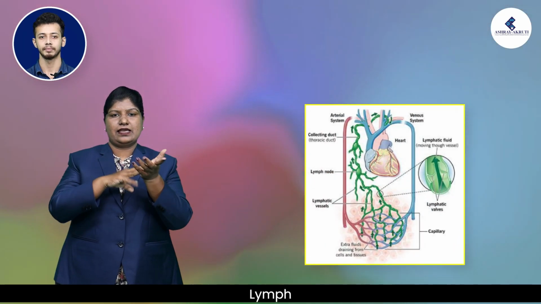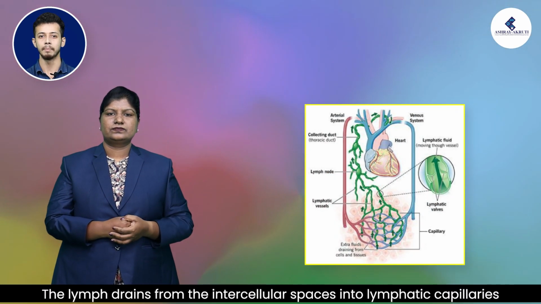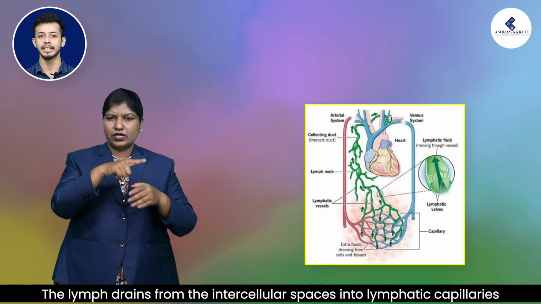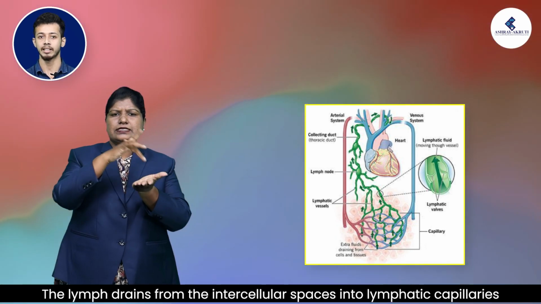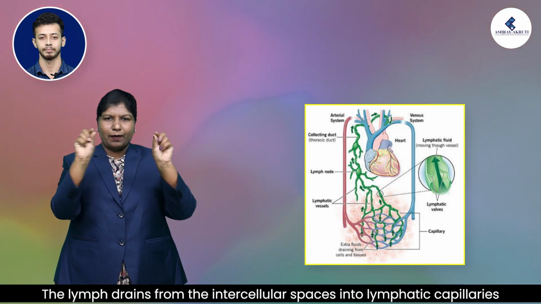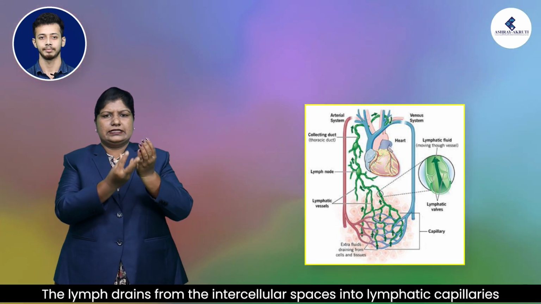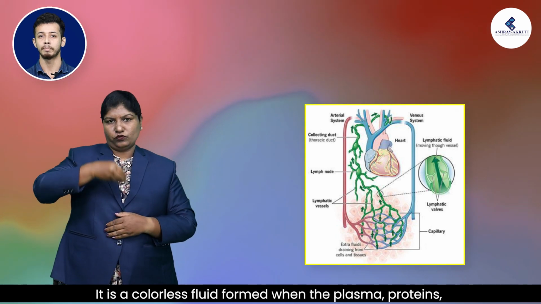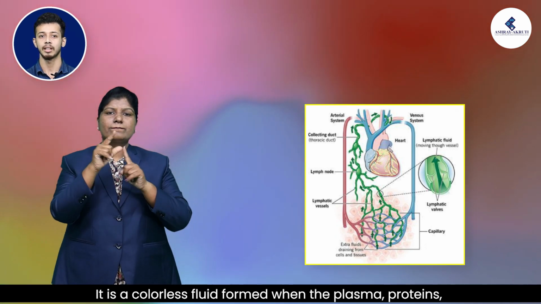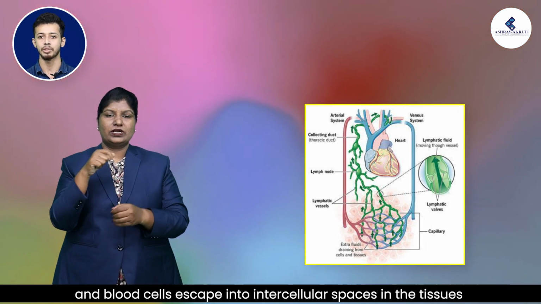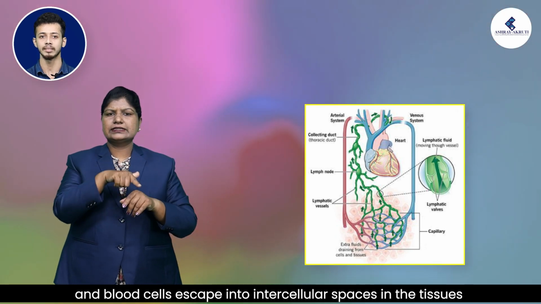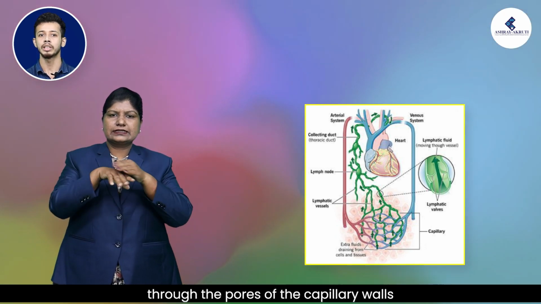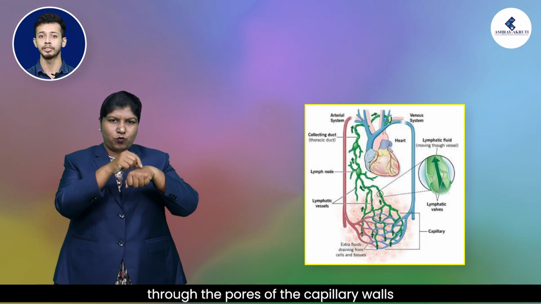Lymph. The lymph drains from the intercellular space into lymphatic capillaries. It is a colorless fluid formed when the plasma, proteins, and blood cells escape into intercellular spaces in the tissues through the pores of the capillary walls.